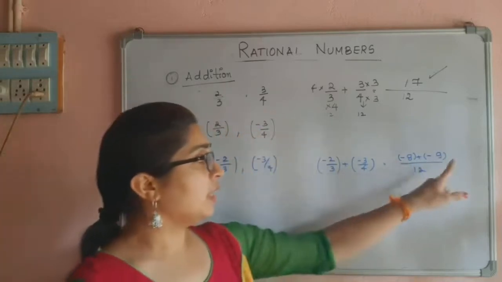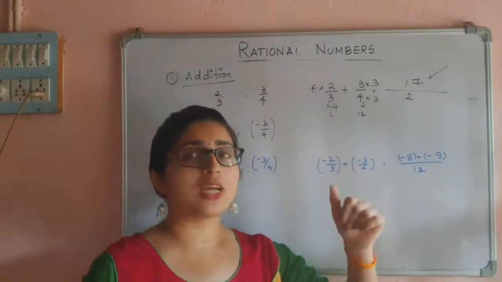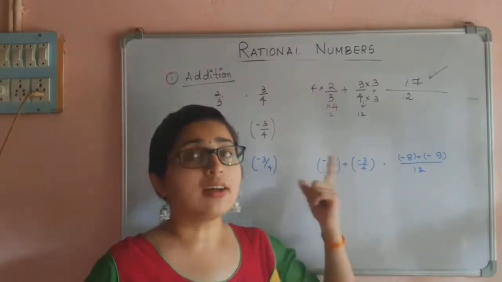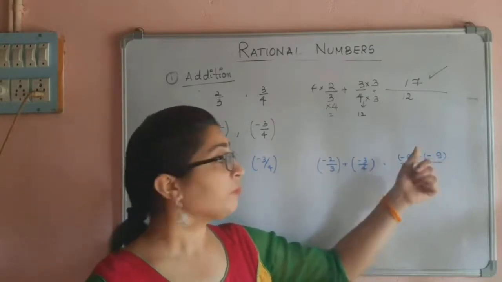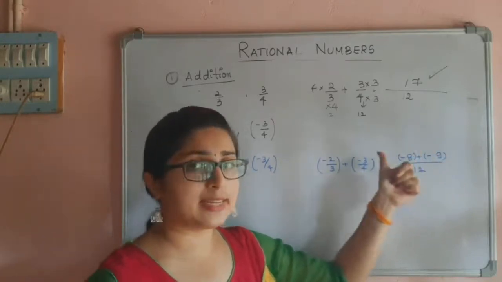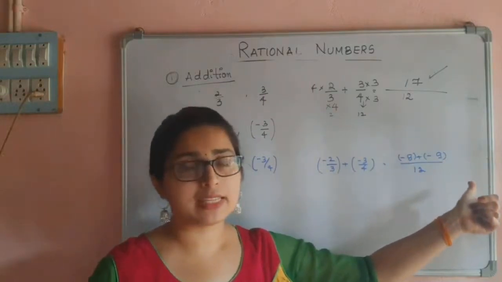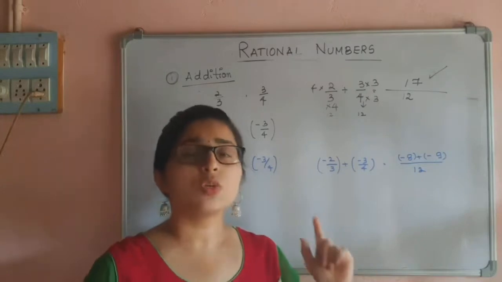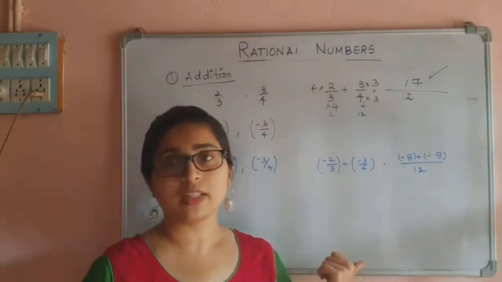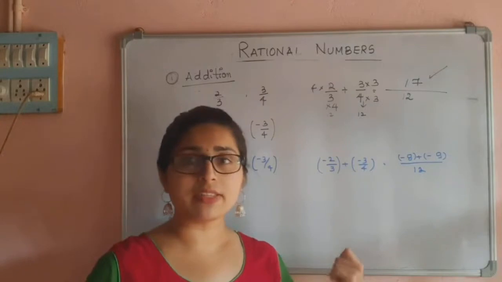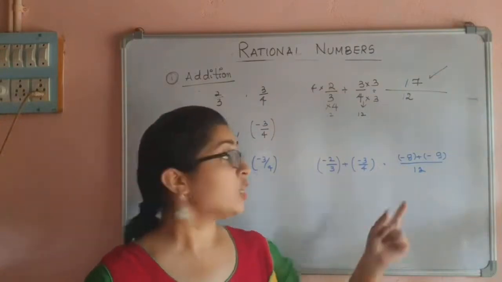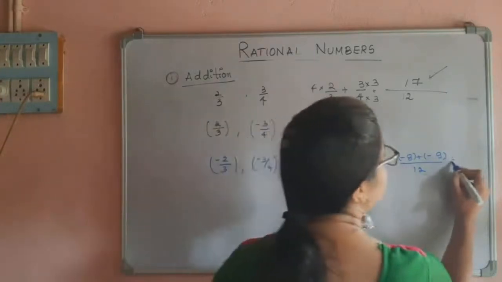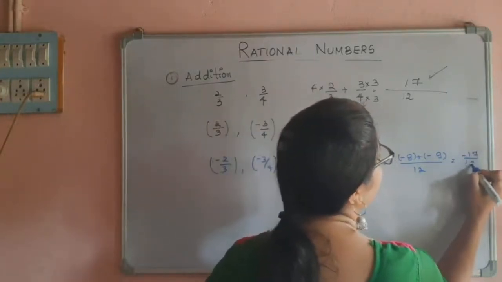So now in the numerator we have two integers which are having same sign. So when they are having same sign, you have to take the sum of the absolute values. Absolute value of minus 8 is 8 and absolute value of minus 9 is 9. So 8 plus 9, that gives you 17. So what is the sign which is associated with 17? So that is the sign which is common to both the integers. So here the sign common to both the integers is minus. So it gives you minus 17 by 12.